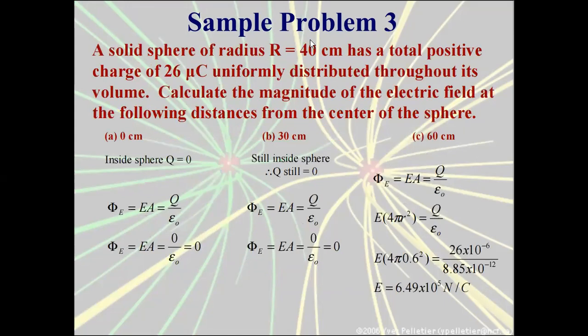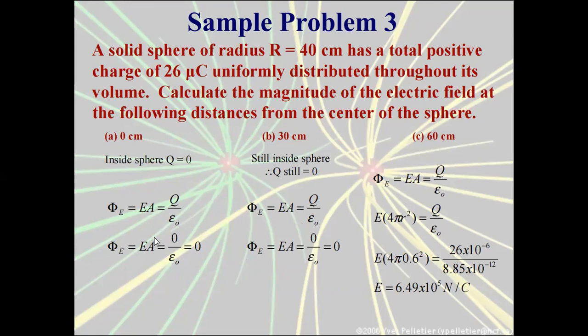Another one, sample problem 3: a solid sphere of radius 40 centimeter has a total positive charge of 26 microcoulomb, uniformly distributed throughout its volume. Calculate the magnitude of the electric field at the following distances from the center of the sphere: 0 centimeter, 30 centimeter and 60 centimeter. There are three conditions.